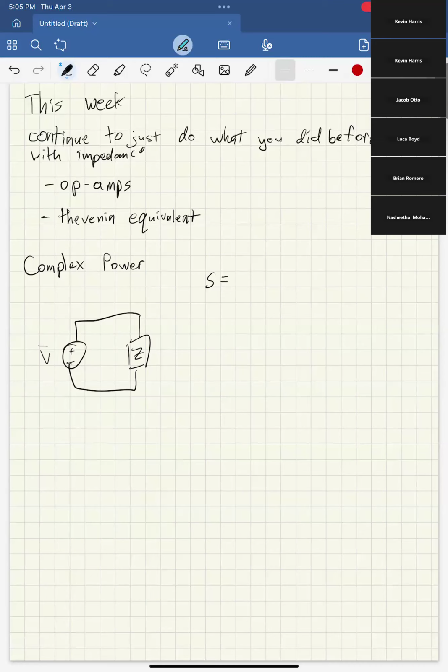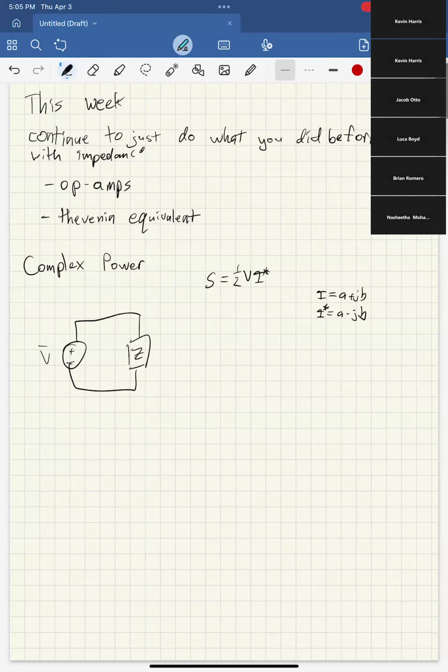And this is equal to 1/2 V I conjugate. Hopefully you all remember that if I is equal to A plus JB, then I conjugate, which you write as a little star, is A minus JB. So that's what that is.